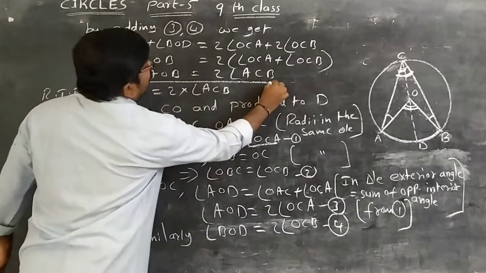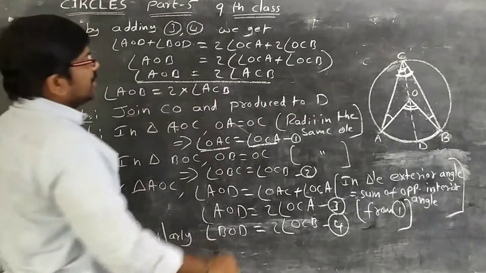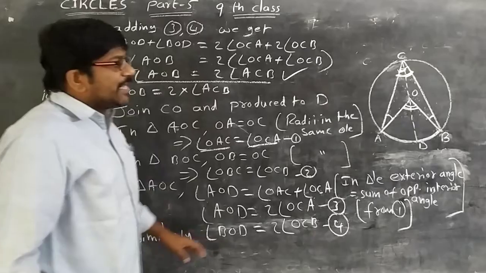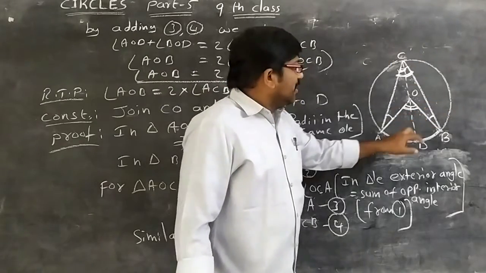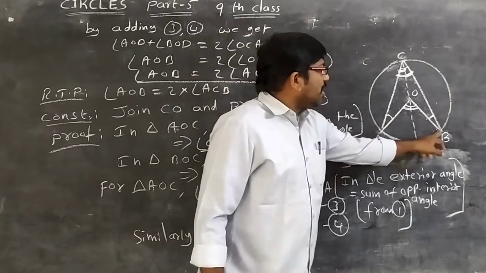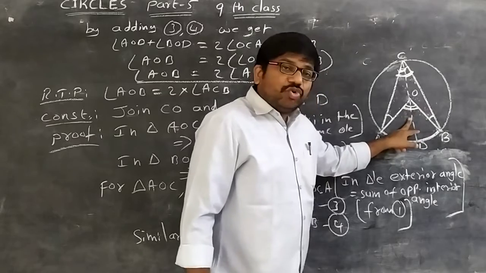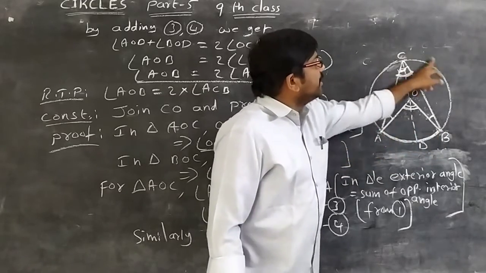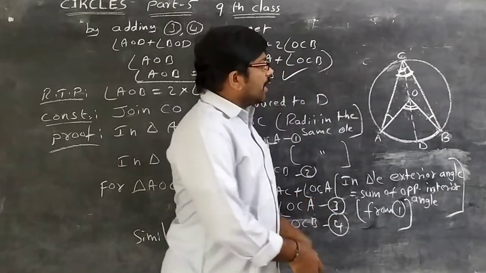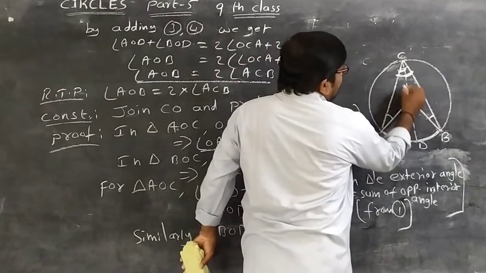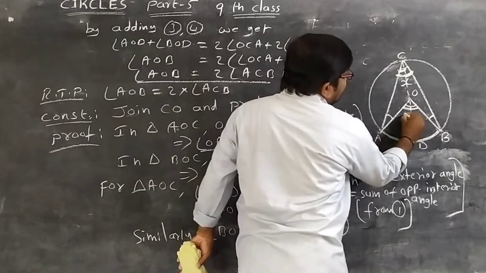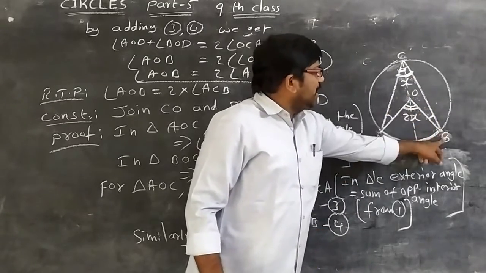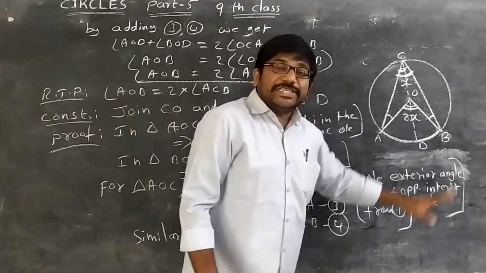This is the proof, and hence the theorem is proved. Once again, listen: in a circle, the angle made by an arc at the center is twice the angle made by the same arc on the remaining circle. Suppose it is x, then it is 2x, so AOB is 2 times ACB.